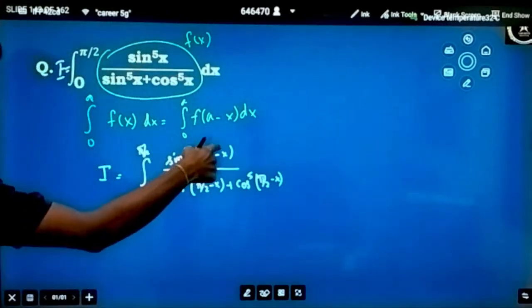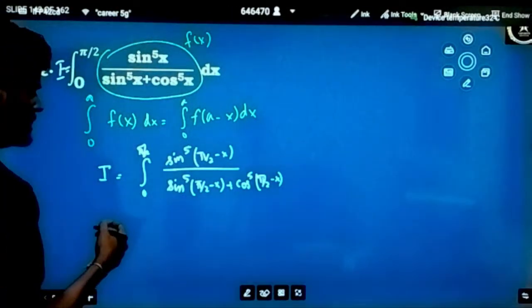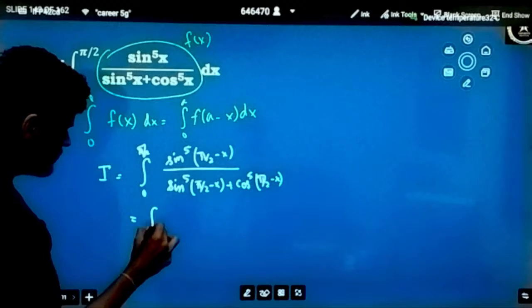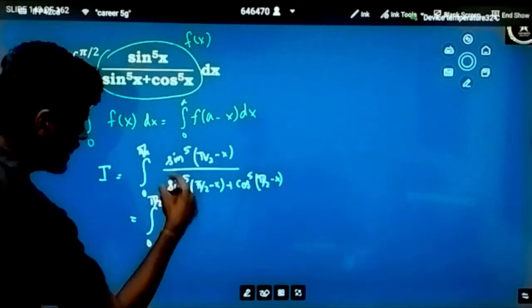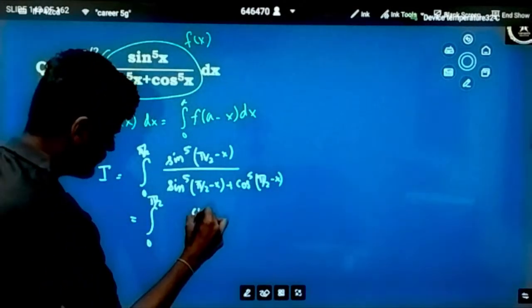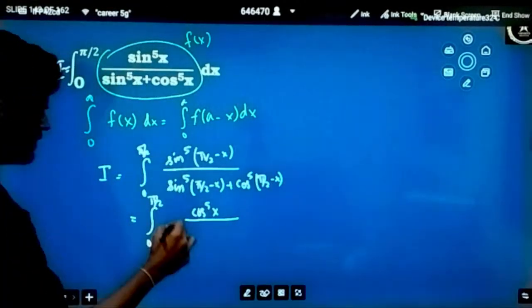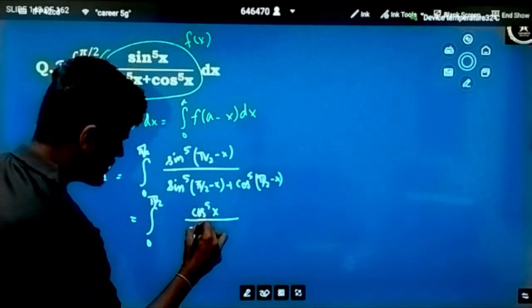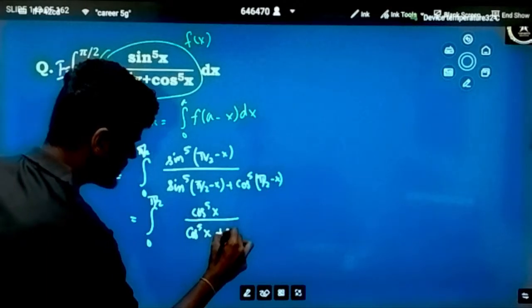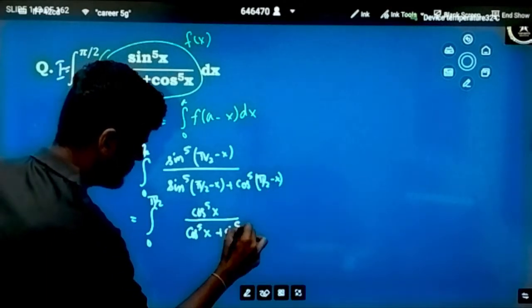Now sin 90 minus x power 5 gives the integral of 0 to pi by 2 of cos power 5 of x, divided by cos power 5 of x plus sin power 5 of x.